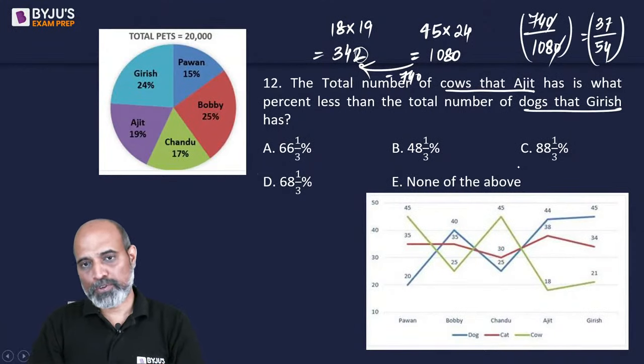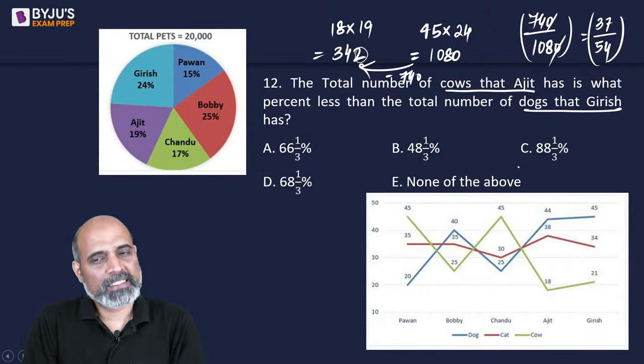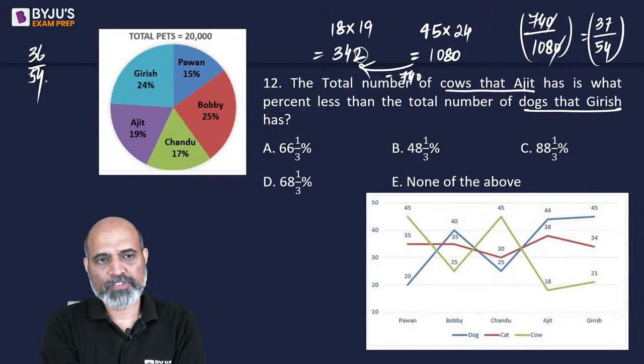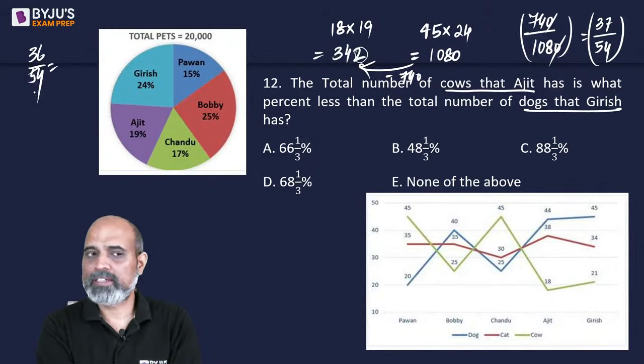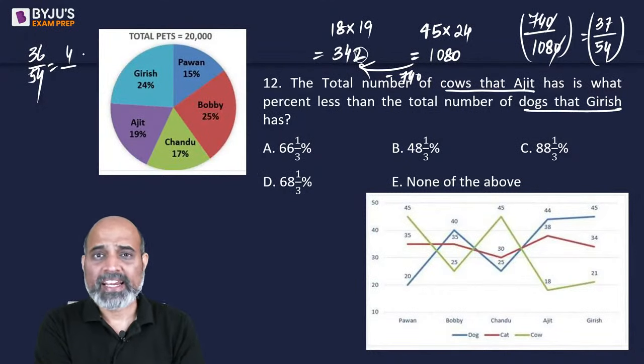37 by 54, where do we get it? How close is this? So can we say, had that been 36 by 54, they both are divisible by 9, right? So 9 into 4 and this is 9 into 18 se divisible hai.